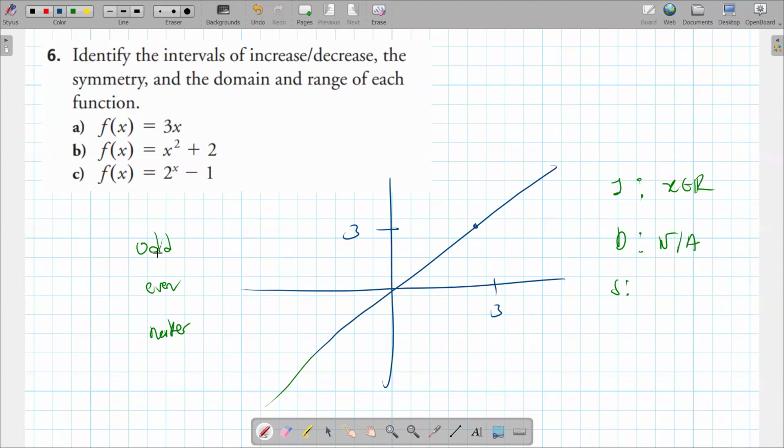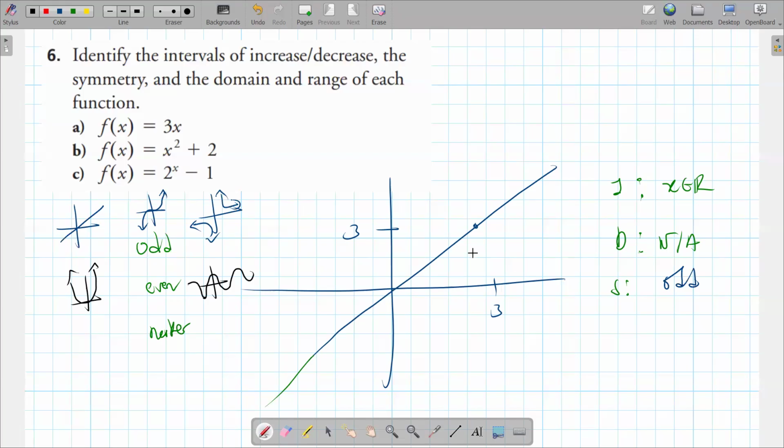Odd is when you do a reflection about the origin. So odd functions look like this, when you flip them around the origin. Even, on the other hand, is like x squared, or like cosine x. So these are even functions. Neither means it's neither, obviously.